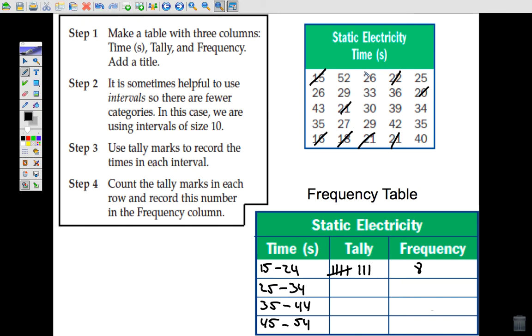So let's see. 26 falls in that category. That's 1. 25 is another one. There's 26. There's 29. 33 would fall in there. There's my 5. 36 does not. 30 does. 39, no. 34 does. 35 does not. 27 does. 29 does not.